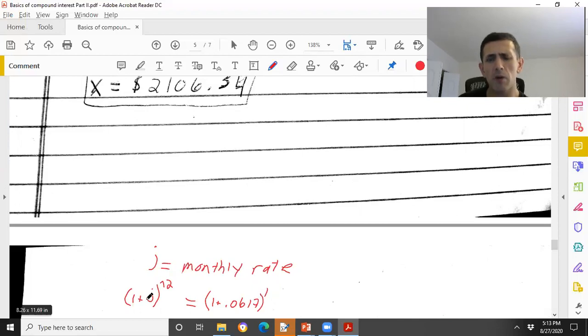So compounding monthly interest 12 times is the same thing as compounding yearly interest once. That should be self-evident. So how do we solve for j?